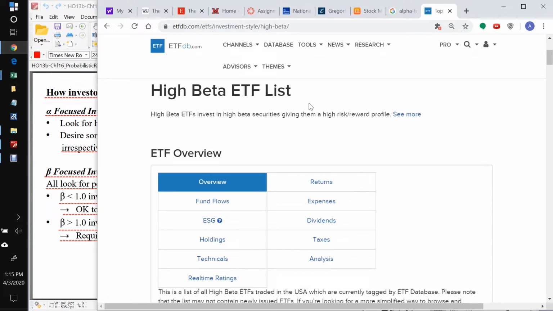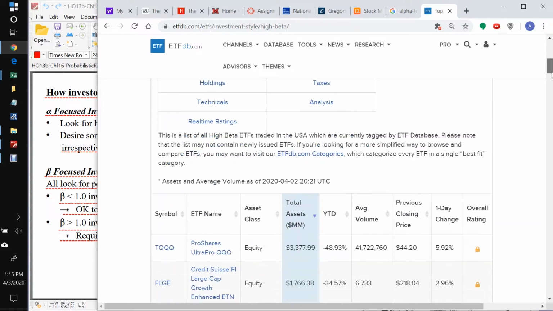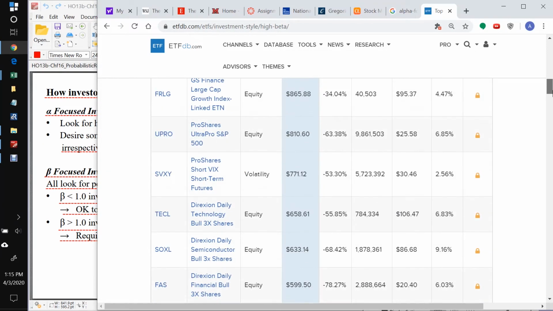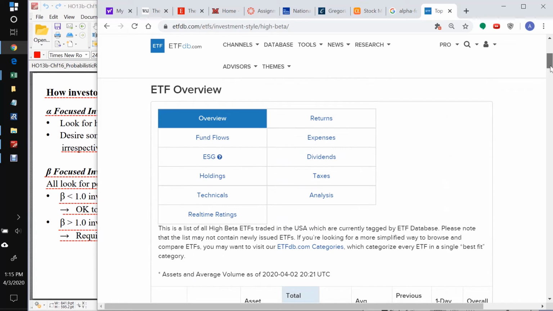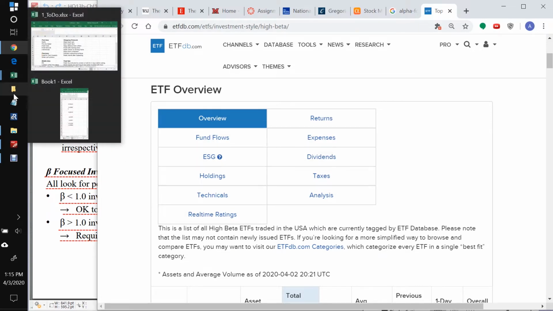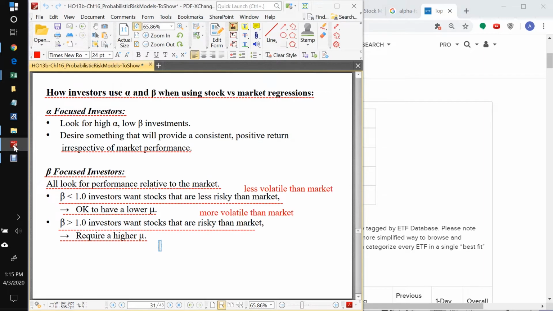So if you want to be that type of investor, if you want to benchmark yourself relative to the market, you could come to this website and look at some of the ETFs on this list. And if you wanted to be a beta-focused fund manager, you might also want to look at these to see what other people who are going to be your competition are doing. Okay, so back to our slides.